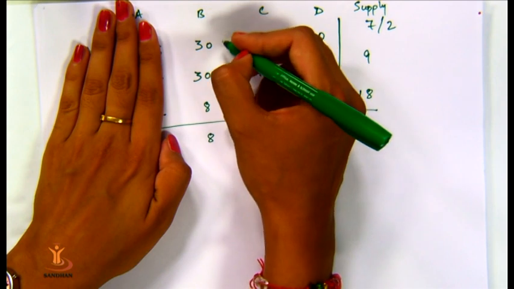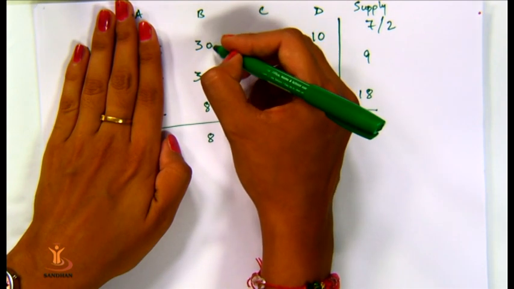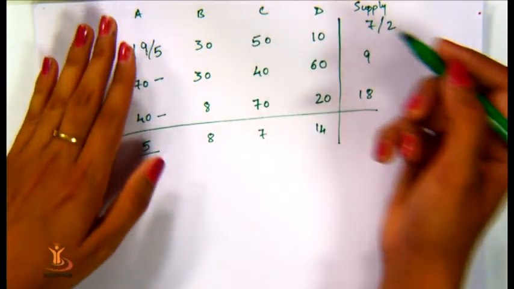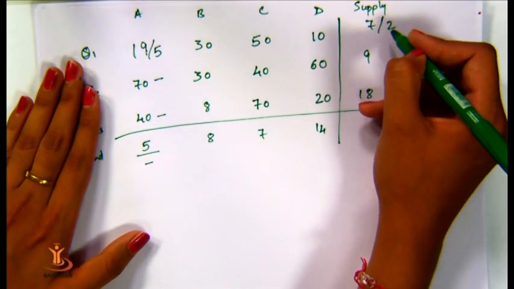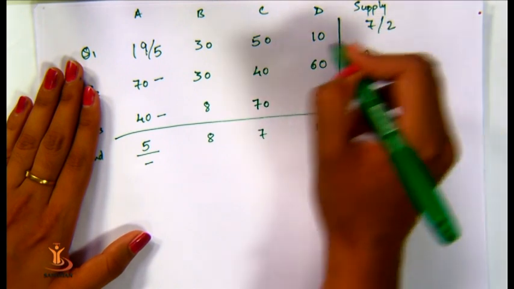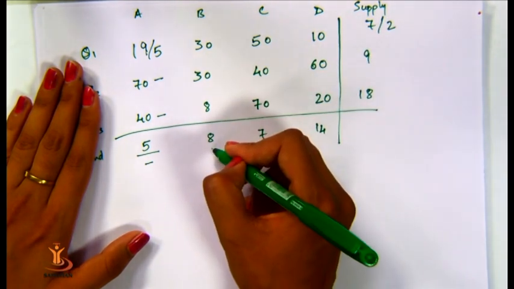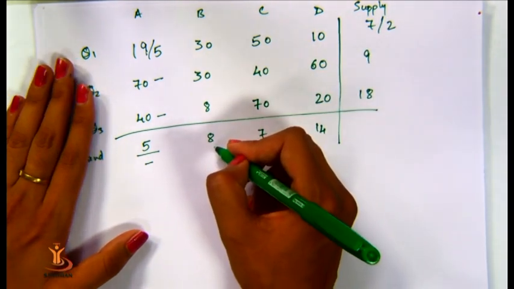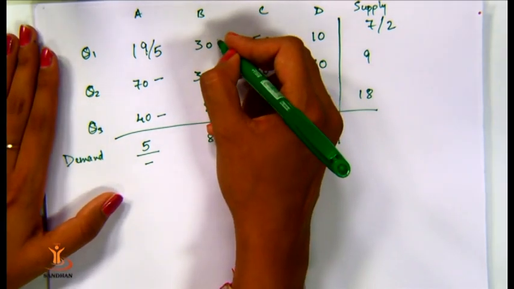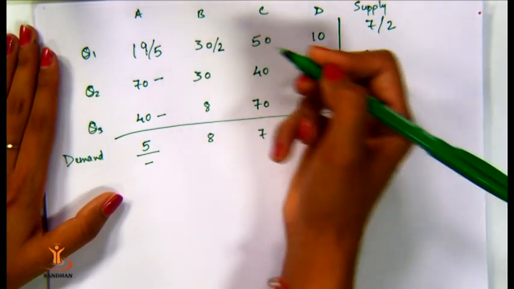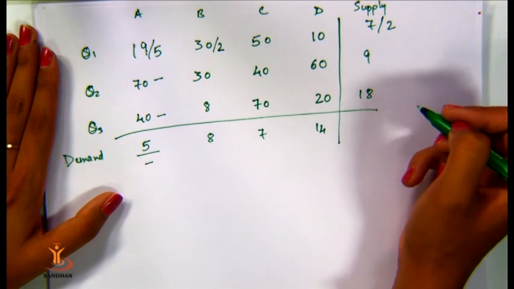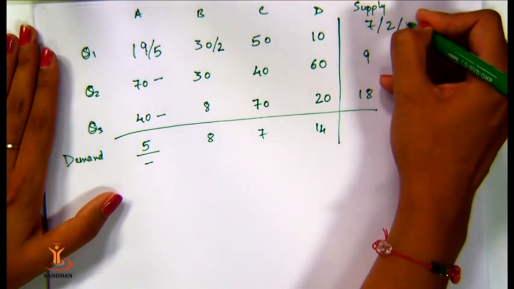Again, the first cell 1,1 is this, so we will try to allocate the units from this place. As you can see here, it has 2 units to supply, but the demand is 8 units. So we can only fulfill 2 units of demand here, and there is no more supply.